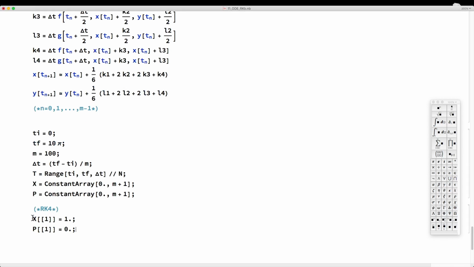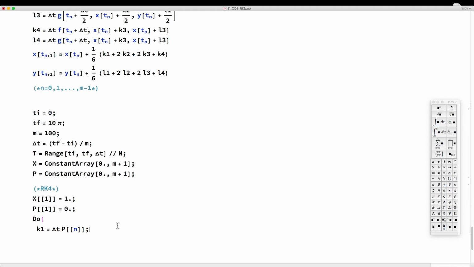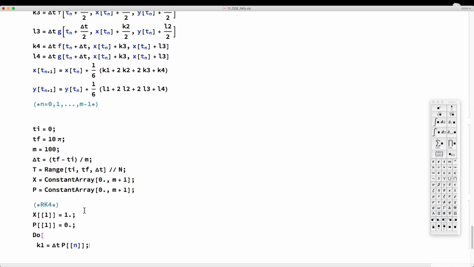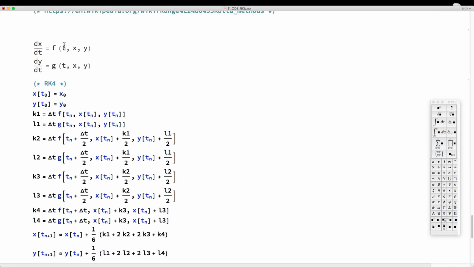So our initial data is the same as before, x equals 1 and p equals 0, and then we'll have a do loop. So our do loop will start with k1, and remember what the system looks like. dx by dt equals p, where p is the momentum, and in this case p is y.